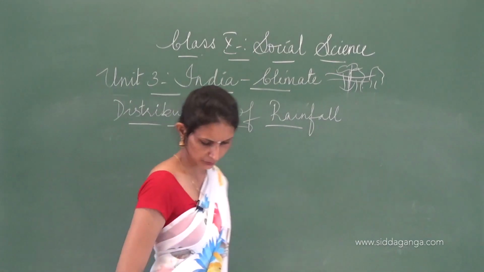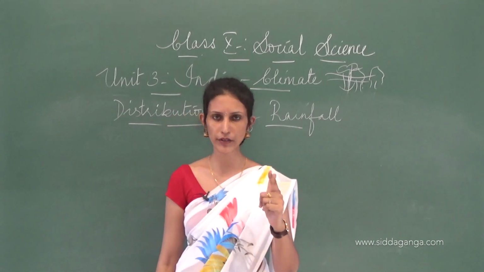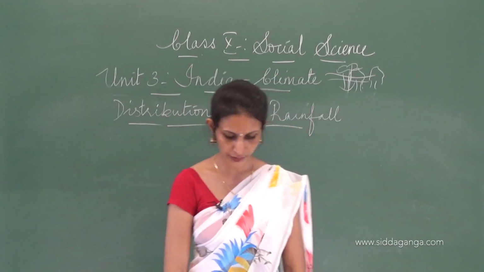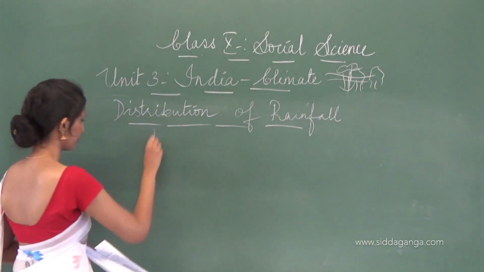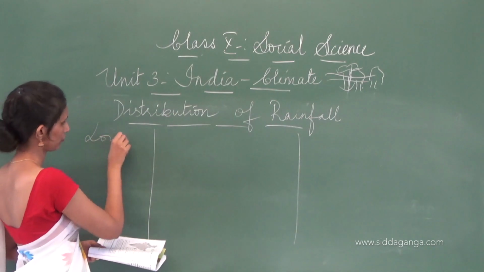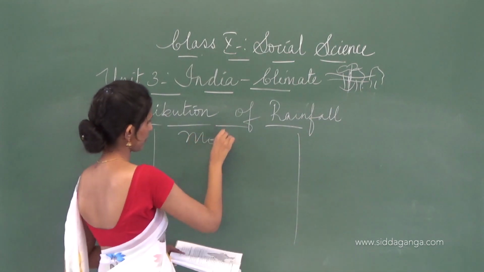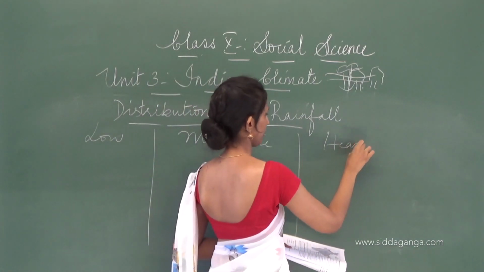So rainfall is distributed in three kinds: areas with low rainfall, areas with moderate rainfall and areas with heavy rainfall. Now we will make the blocks. This is low, this is moderate and this is heavy.